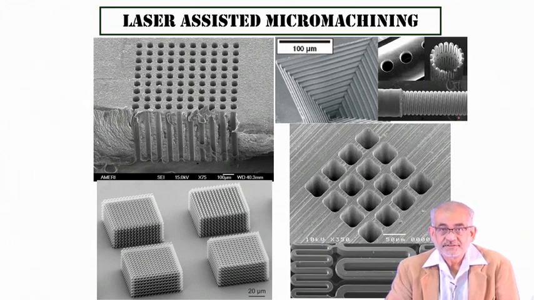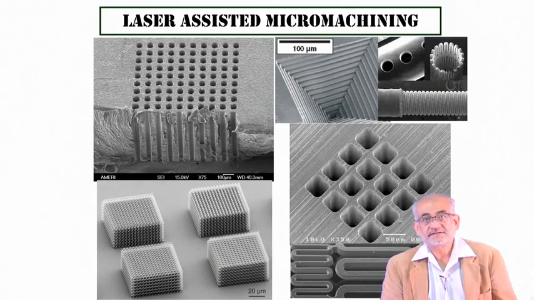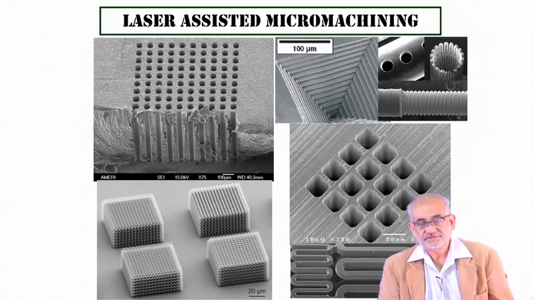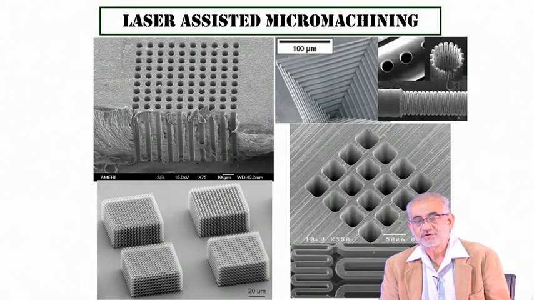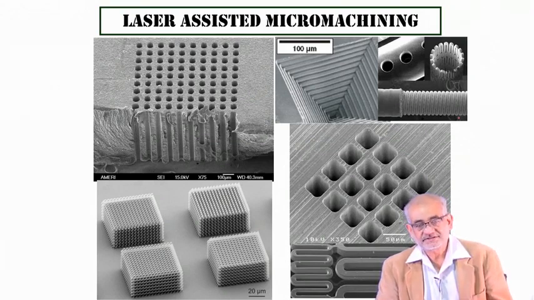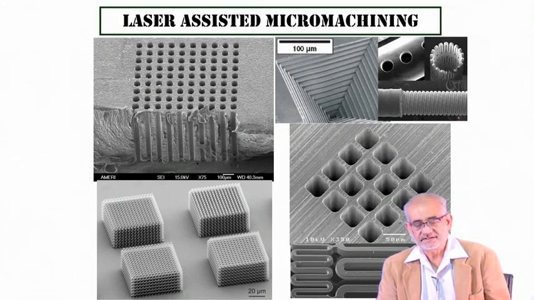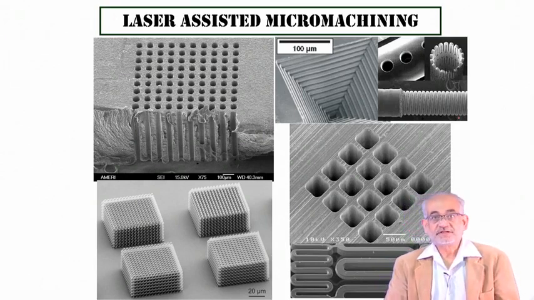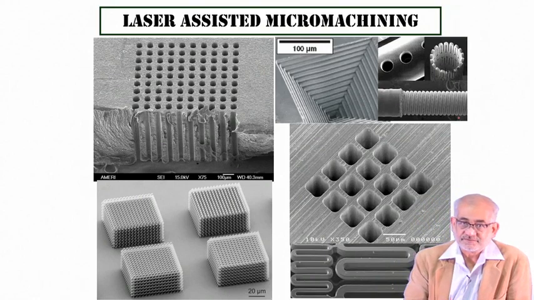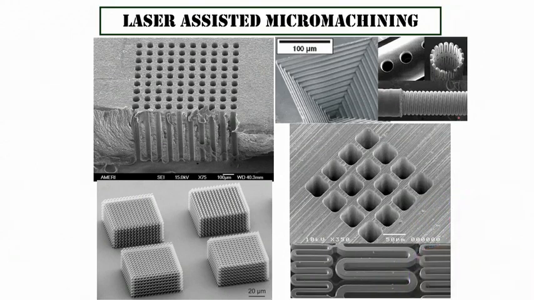One other important thing we will soon discover, particularly with regard to joining operations, is that the focus of the laser beam with respect to the surface determines the power level delivered at that point of time. So we can create a very sharply focused beam and make it extremely fine, finer than, let's say, 10 micrometer. Depending upon the size of the beam, we can create features which are easily a few tens of micrometers.